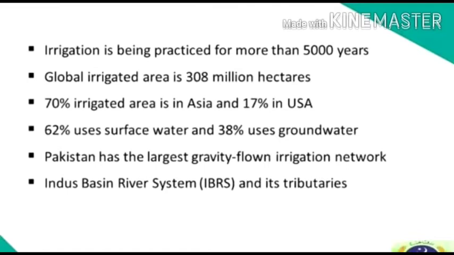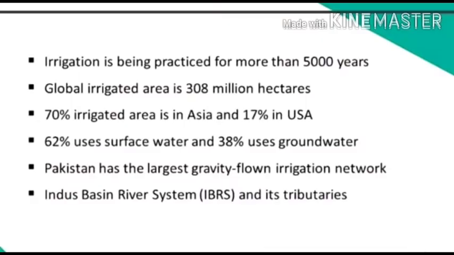The current world irrigated area is 308 million hectare, out of which 70% irrigated area lies in Asia, while 17% in USA. Out of this 308 million hectare irrigated area, about 62% uses surface water, whereas 38% uses groundwater.